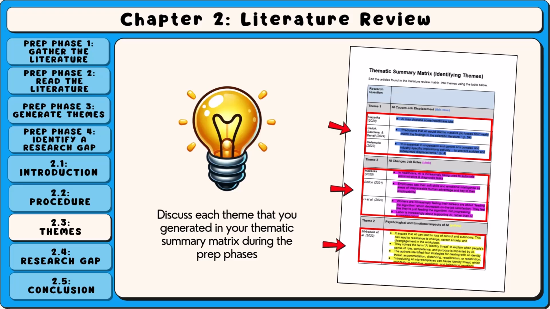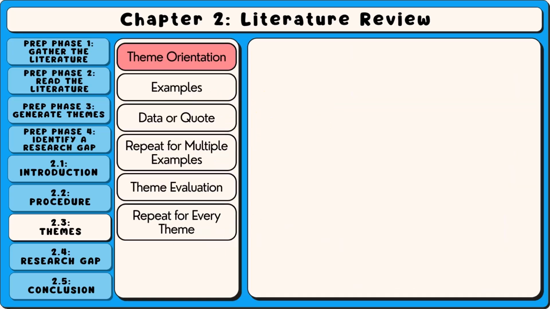Now we're moving on to section 2.3, which involves discussing the themes you identified when conducting the literature review. You'll want to discuss each theme that is listed in your thematic summary matrix that you created during the preparation phases. When discussing each theme, we will first write an orientation to the theme, then present some example articles within each theme.